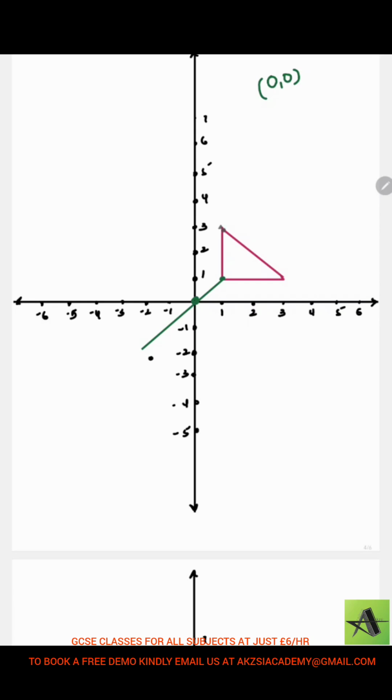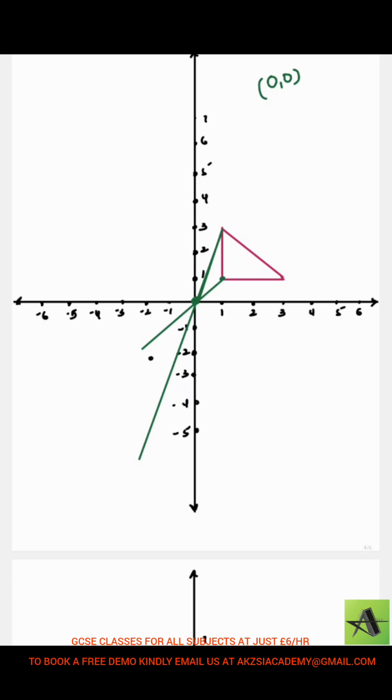Similarly, I'll join the other point with the center of enlargement. Suppose this is 3 centimeters, then multiplying by the scale factor gives 6 centimeters. So from the center of enlargement, you have to draw 6 centimeters, but in this direction, because it's all about the opposite direction. So let me draw.